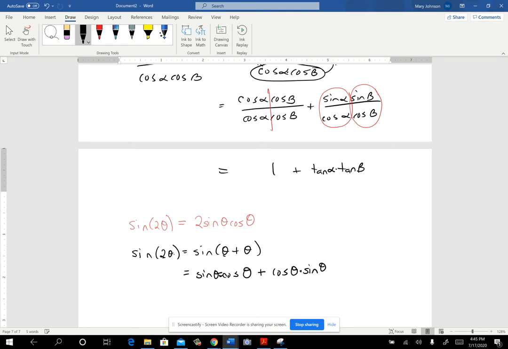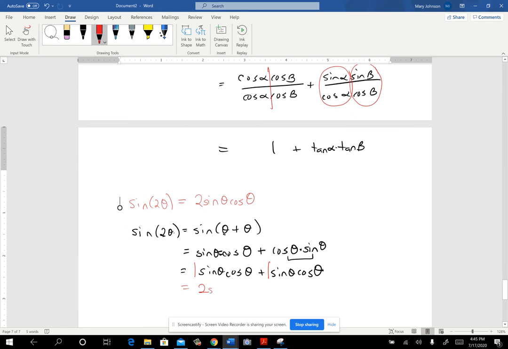And this is times, isn't it? So we really could leave that in that order, but multiplication's commutative, so it'd be okay to switch that around. And then you have one of these and one more of those. So that's going to give you 2 sine theta cosine theta.